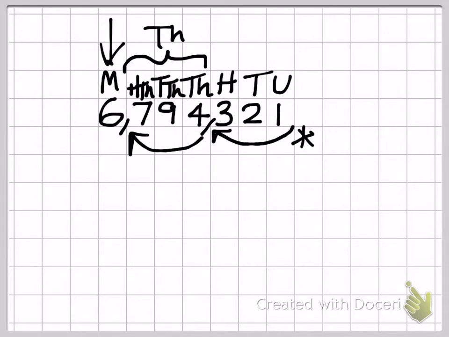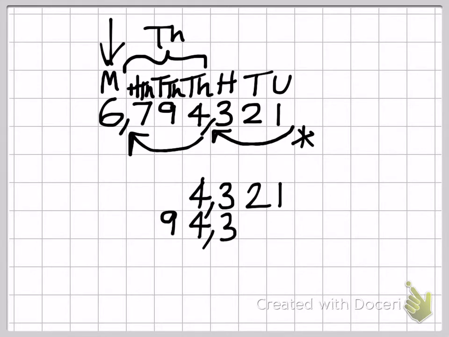If we start with a 4-digit number, if you just have this element of it, you would say 4,321. Moving on to a 5-digit number, we have this one, you would say 94,321.